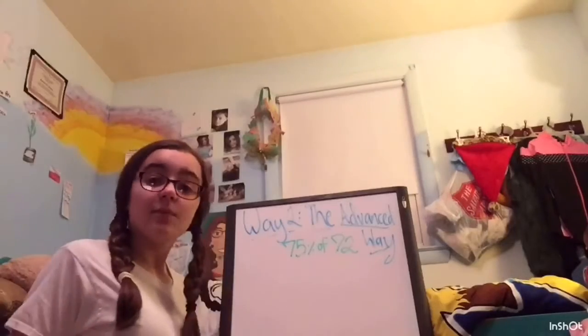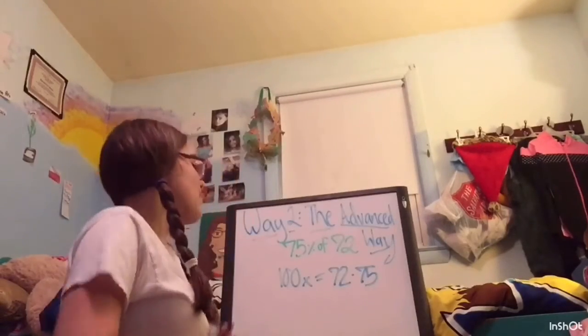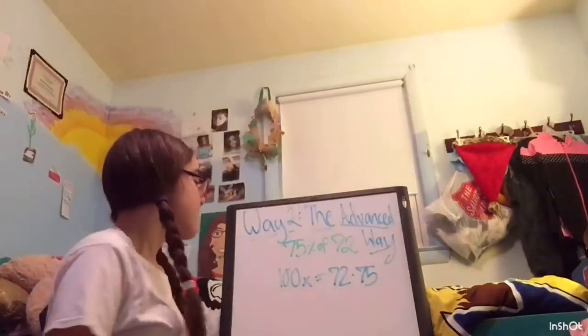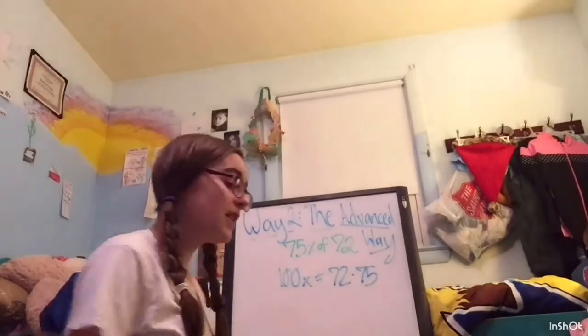So just listen and watch. Now, this is just like solving an algebraic equation. So we would do 72 times 75, which is 5,400. So now we get 100x equals 5,400.